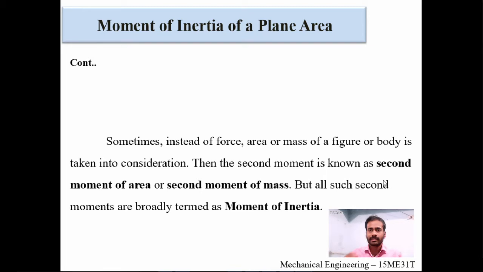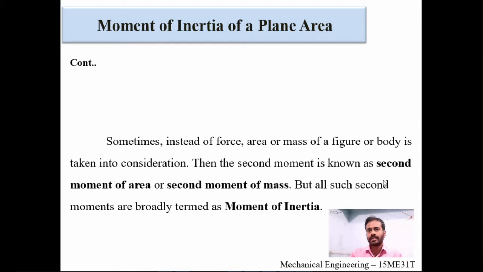Sometimes instead of force, area or mass of a figure or a body is taken into consideration. Instead of taking force, we will consider area, the cross section area or the mass of a body, because calculating the force at every point it is not so easy.